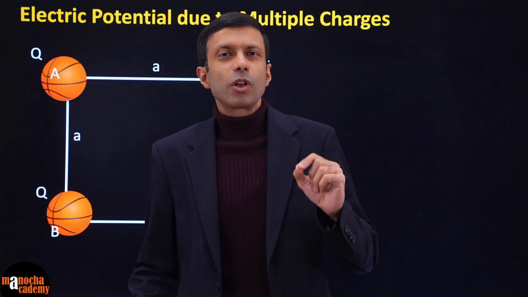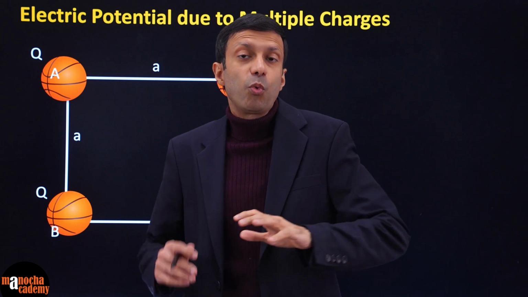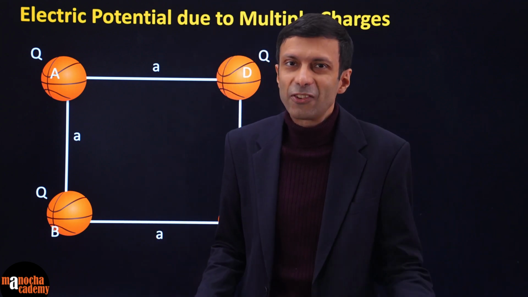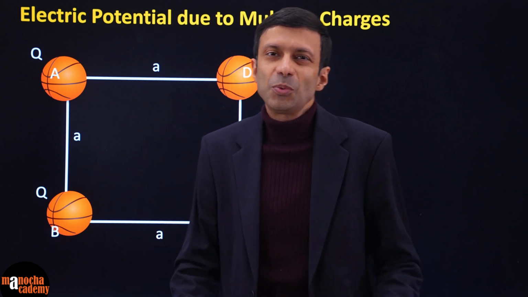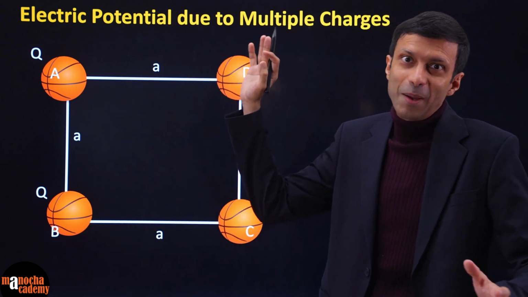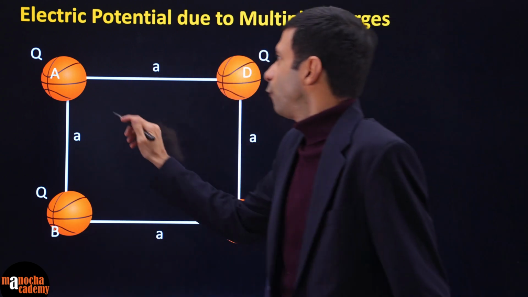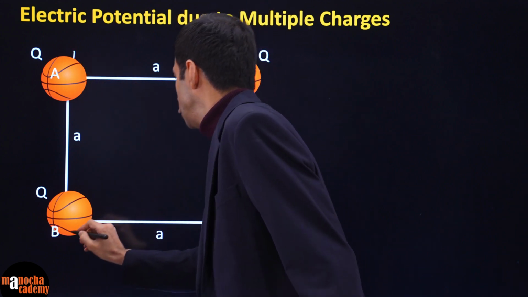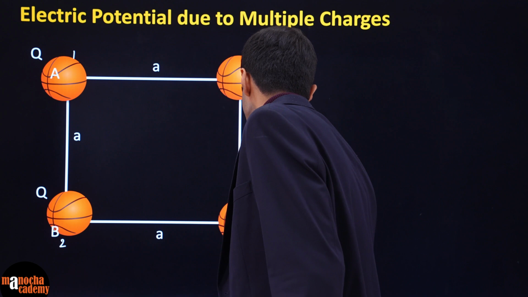So till now we have talked about electric potential due to a point charge. But what if you have multiple point charges? Then how do we calculate the electric potential? So let's understand this with a simple example. Again, I've got my basketballs here. So you can see we have 4 basketballs. Let's number them 1, 2, 3 and 4.